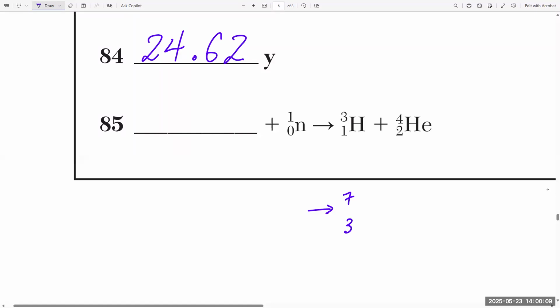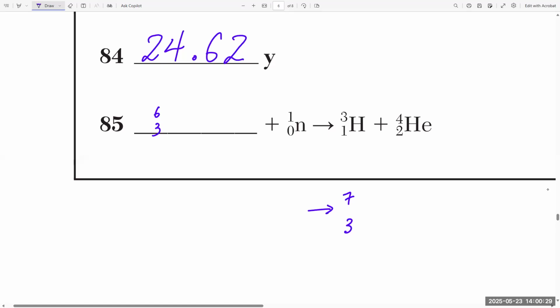Let's go to the left side. The left side already has a 1 on the top, which means what's the mystery number? What plus 1 gives us 7? 6 does. What about the bottom? It's a 0, which means what plus 0 gives you a 3? That's a 3. Now how do we find out who this is?